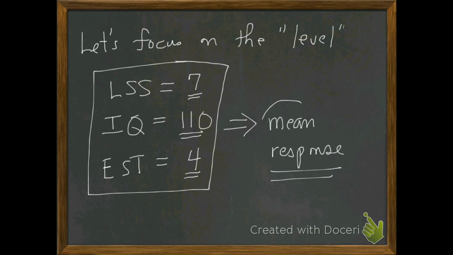So we need to look at the mean response, and obviously we need to look at the variation. Okay? Now, this gets a little crazy. Nothing actually too awful crazy.